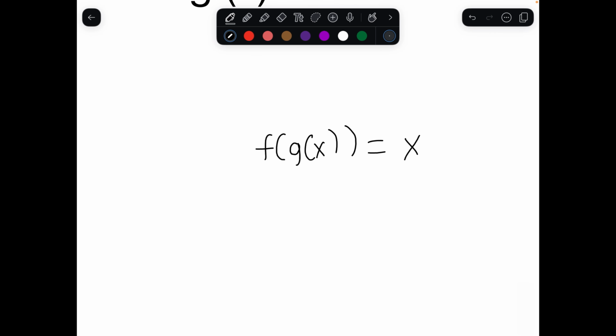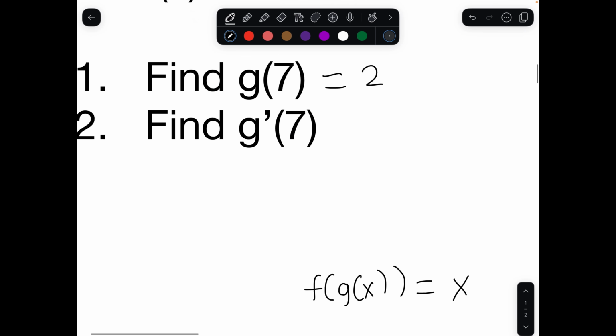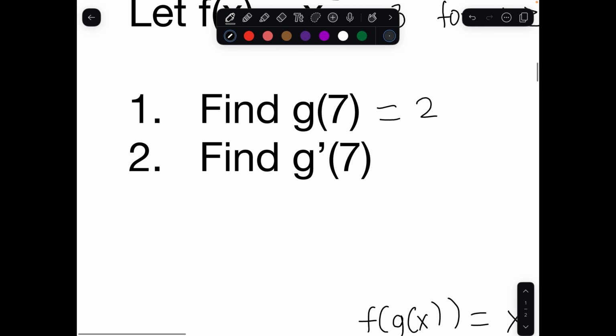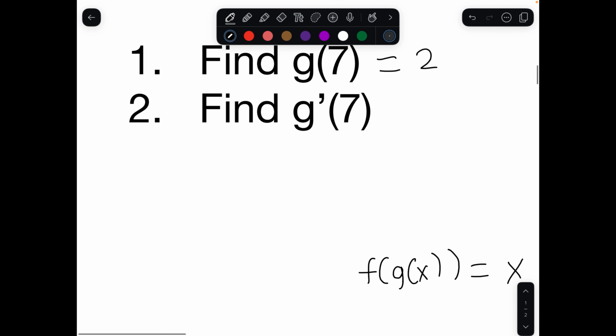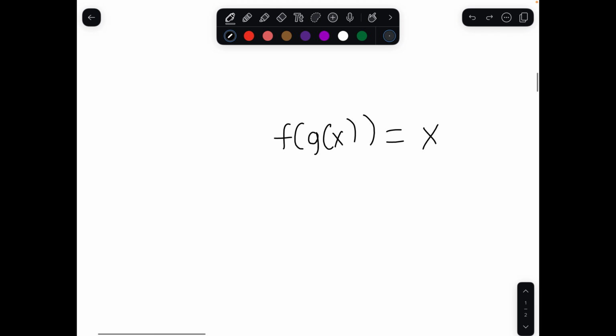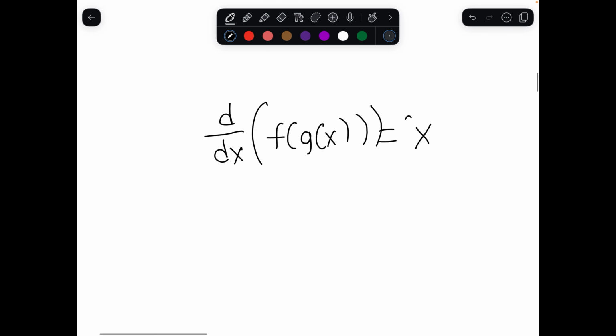We want to figure out what g prime of 7 is, and this notation just means the derivative. So let's take the derivative of both sides, d of dx. Let's take the derivative of the left side first.